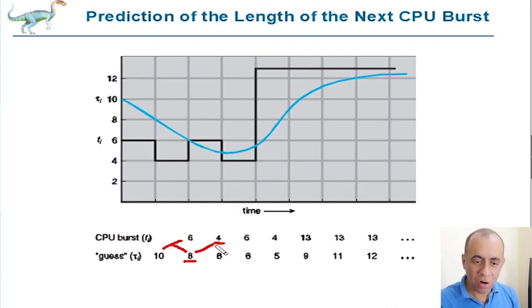So the average of these two is 6, which will be our next guess. And you know what? The next time we sent the process to the CPU, the process actually took 6 time units. So the guess and the measured time became the same. This is just a chance. It can happen, it cannot happen. So we make the next guess as 6 because the average of 6 and 6 is again 6.